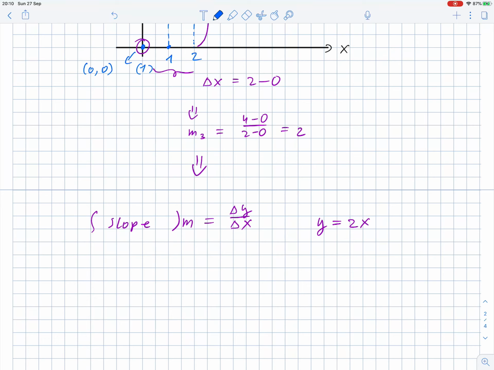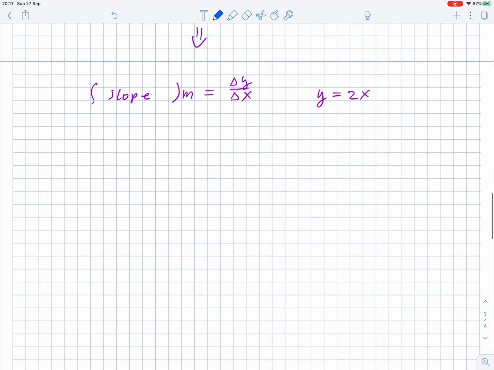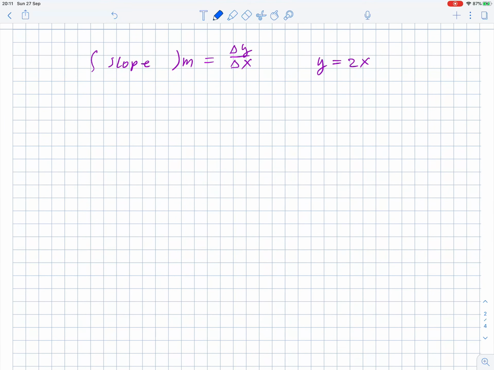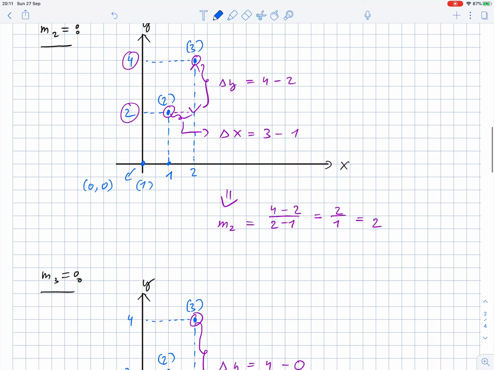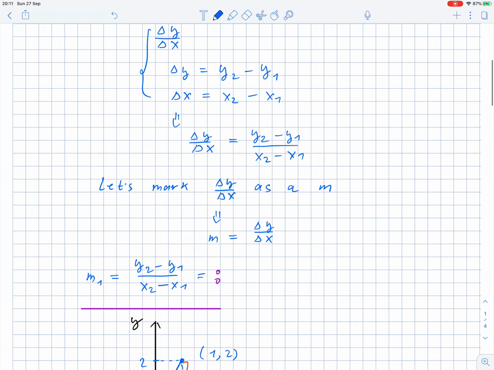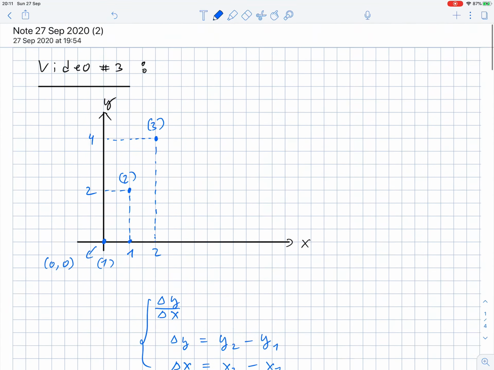The last thing that we need to do is to build the general expression of a linear function. Now, how can we do it? Let's assume that I can take one of those points and this expression of slope.